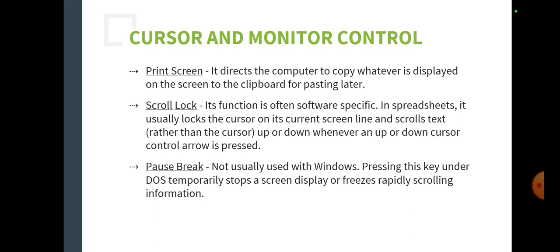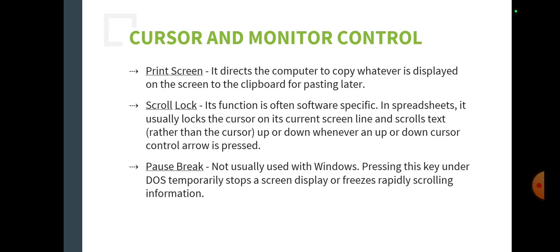In the bottom, we will know the Print Screen. It directs the computer to copy whatever is displayed on the screen to the clipboard for pasting later. The Scroll Lock, its function is often software specific.